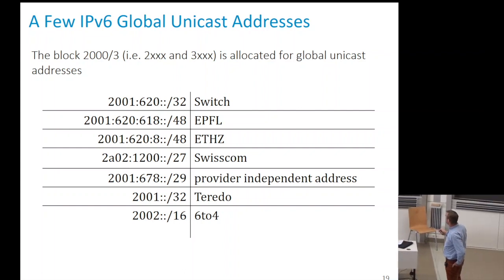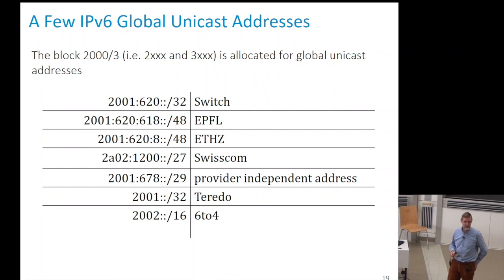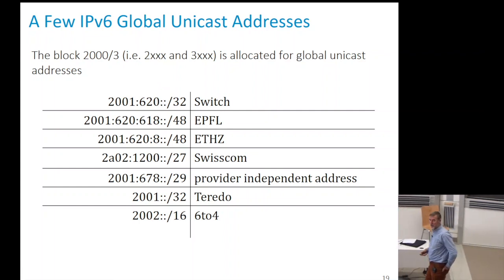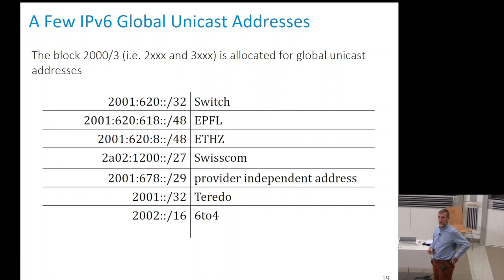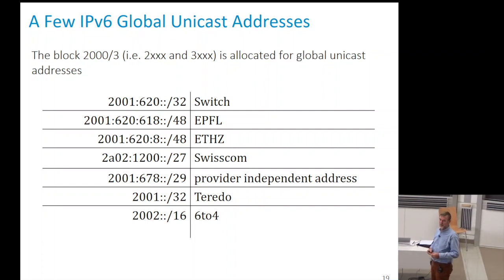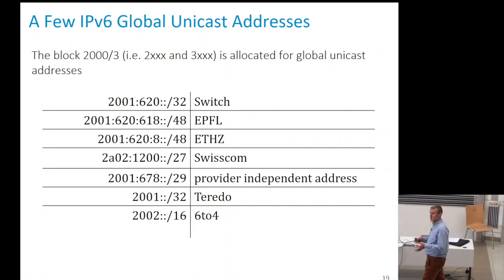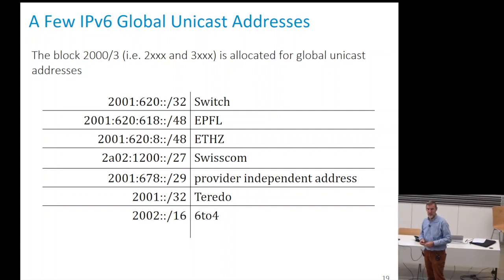Here are some of the addresses. You recognize the EPFL address here. Switch is the internet service provider that serves EPFL, and what you see is that the EPFL addresses are in fact a sub-prefix of Switch, which was not at all the case for IPv4. For IPv4, for example, EPFL is 128.178 something.